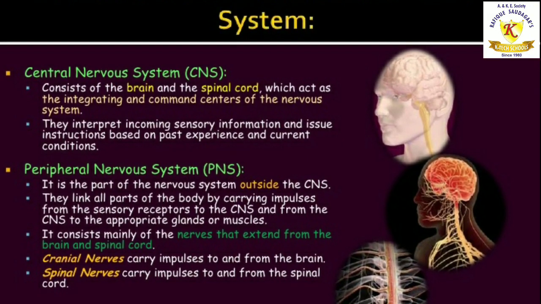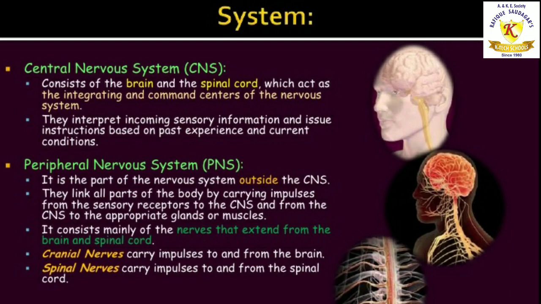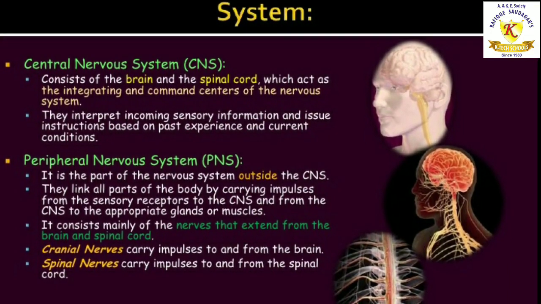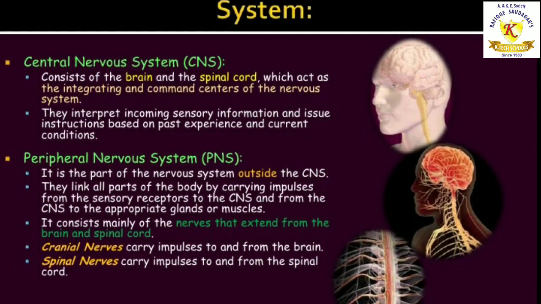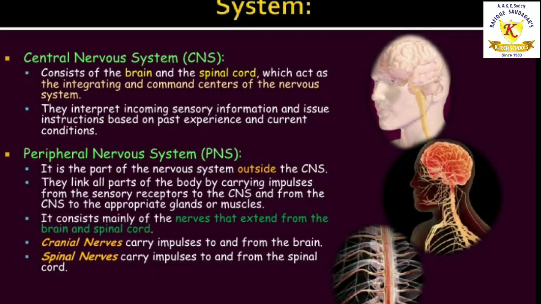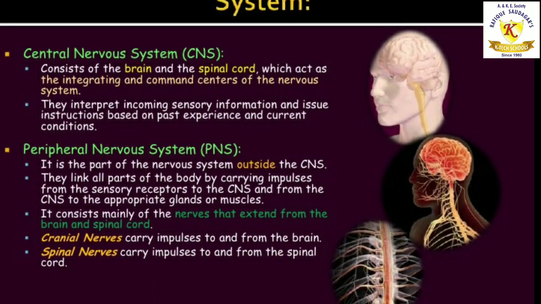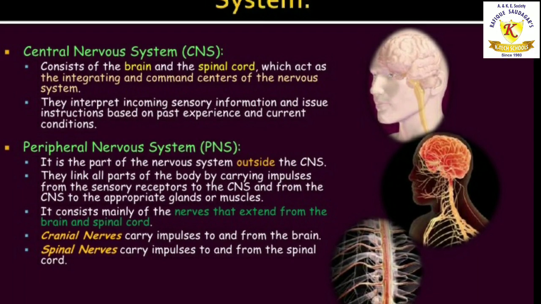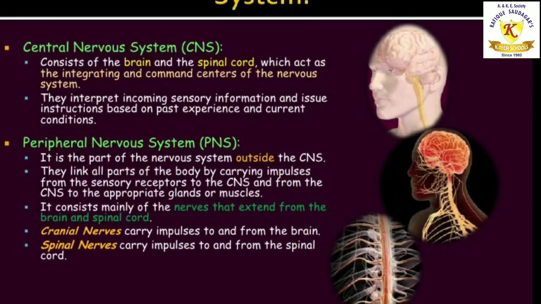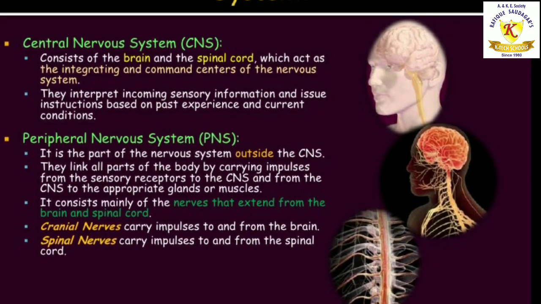Okay, now the peripheral nervous system or PNS. It is the part of the nervous system outside the CNS. They link all parts of the body by carrying impulses from the sensory receptor to the CNS and from the CNS to the appropriate glands or muscle. It consists of the nerve cells that extend from the brain and spinal cord.